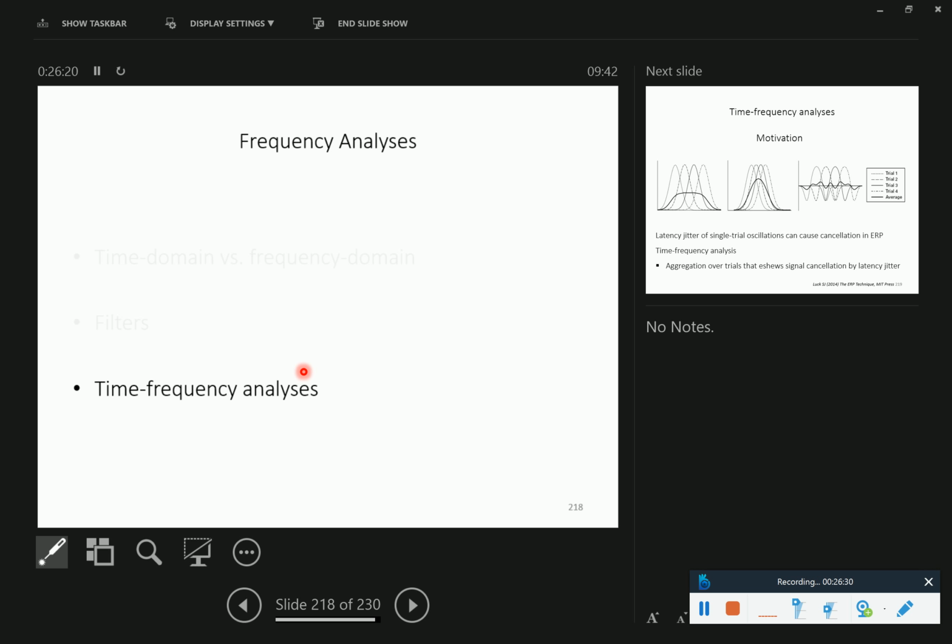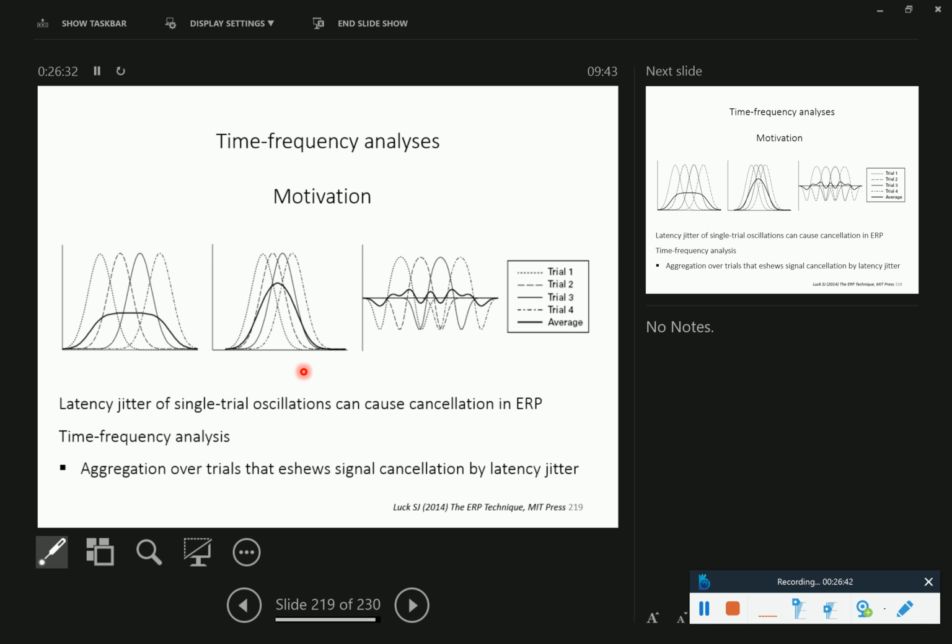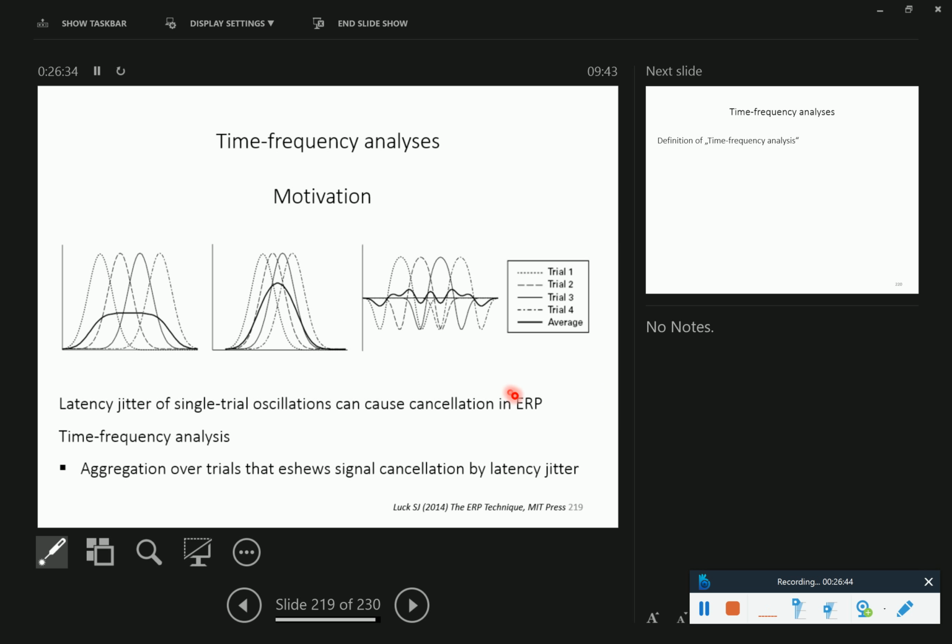If there would be more computational modeling of time frequency stuff, then I think I would be more interested in that. But so far it's mainly finding differences.